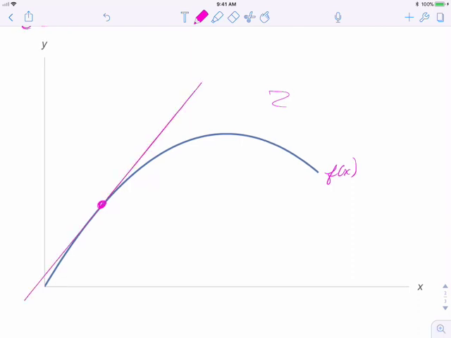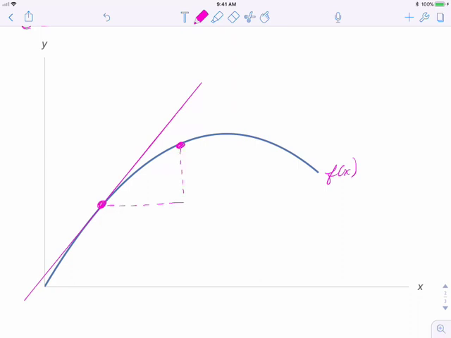Okay, so there is a tangent line through that point. Now let's say we wanted to pick a second point on the graph of f of x, let's say here. Here is the horizontal distance that we'd have to move to get to that point, and here is the vertical distance.